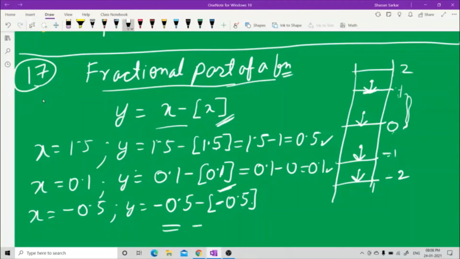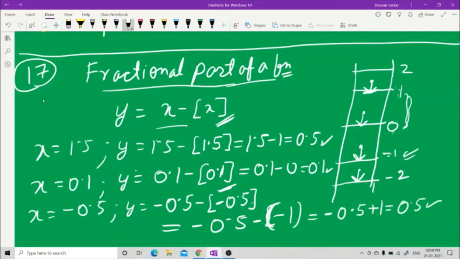So you write minus 0.5 minus, put a normal bracket now, this will come out to be minus 1. Now minus 0.5 plus 1 will give me 0.5. Again a positive value. See, it is always between 0 and 1.